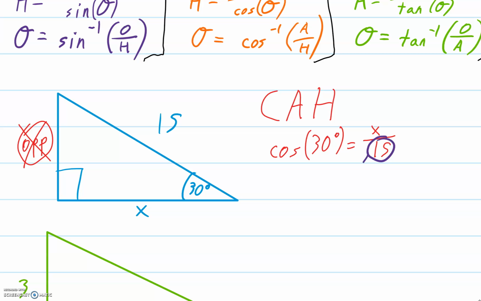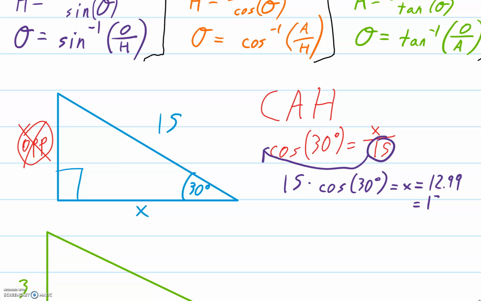So 15 needs to go onto the other side. 15 times cos of 30 degrees equals x. If you type that into your calculator, 15 times cos 30 equals 12.99, or just 13. You can round it to 13.